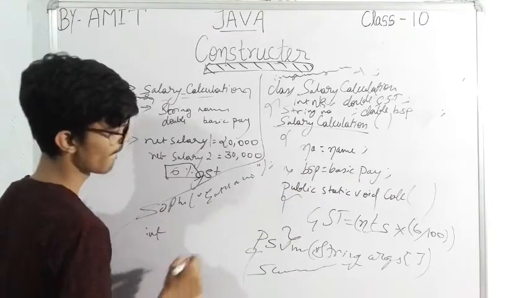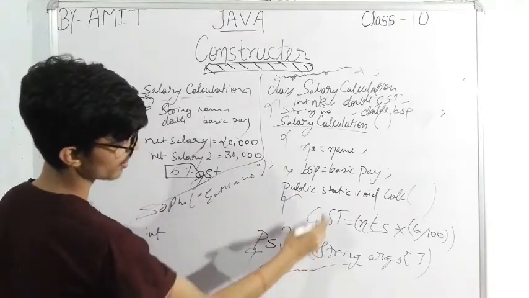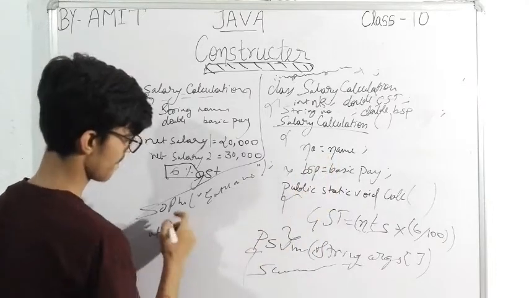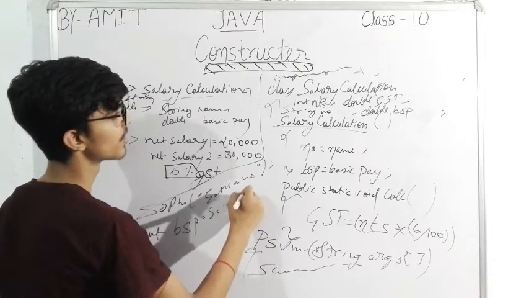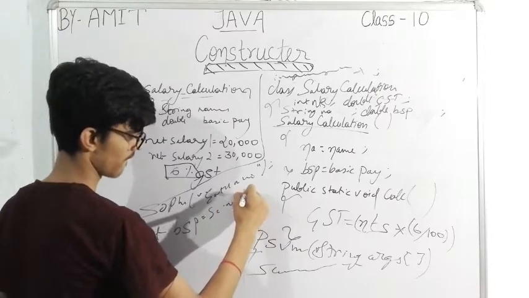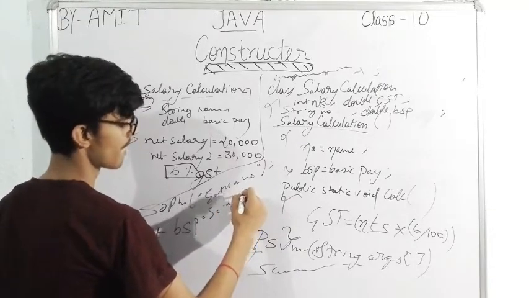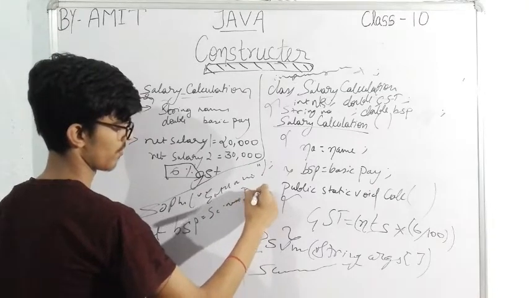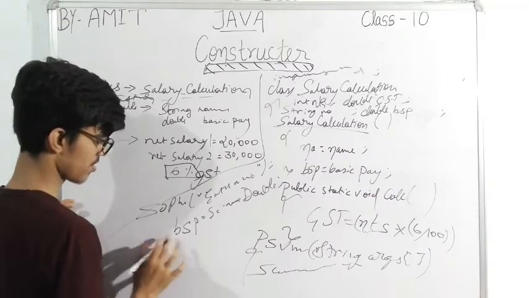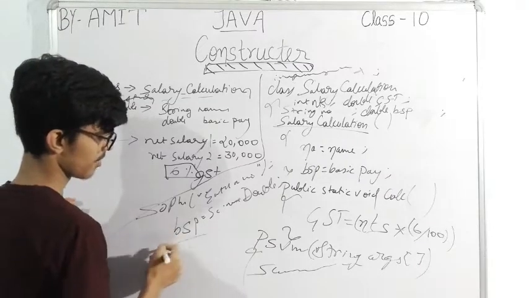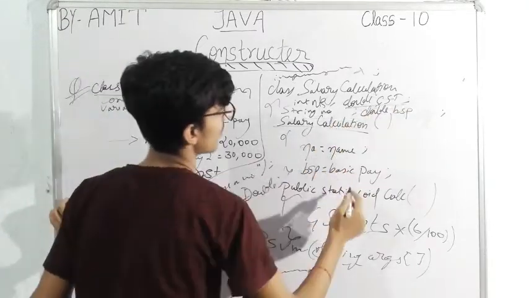The number means BSP is equal to sc.nextDouble. It will not be int here, because BSP we have declared as double.